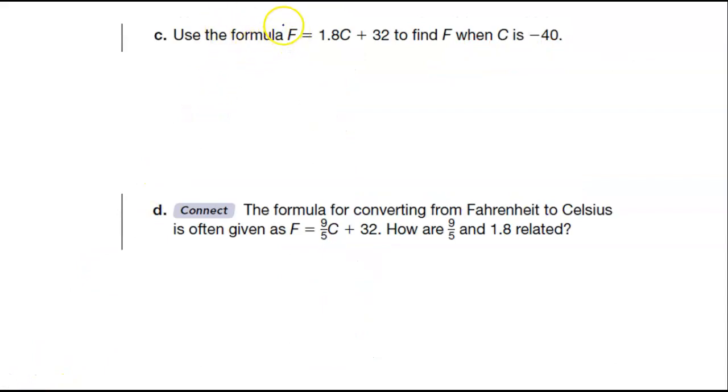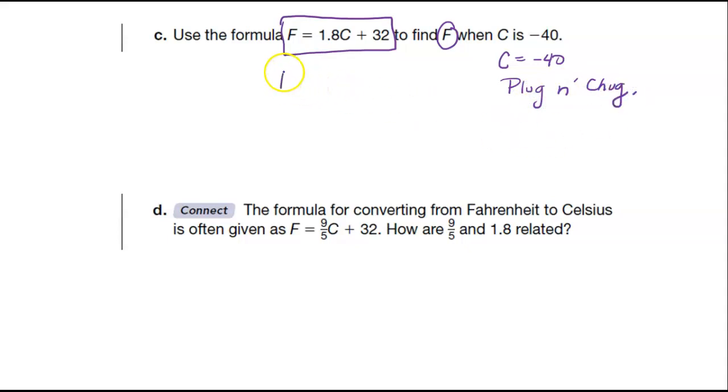Okay, use the formula F is equal to 1.8 times C plus 32 to find F when C is equal to negative 40. So again, I'm going to plug in. So F is equal to 1.8 times negative 40.